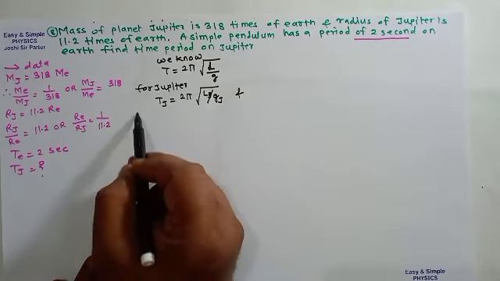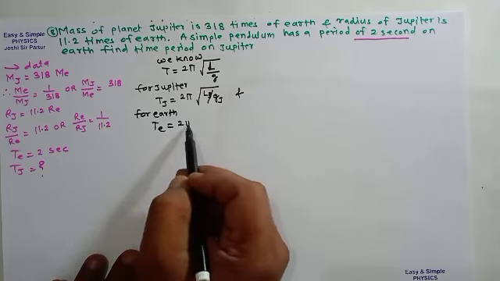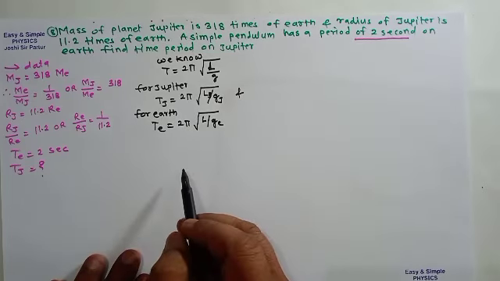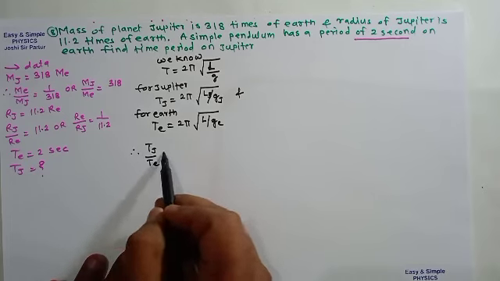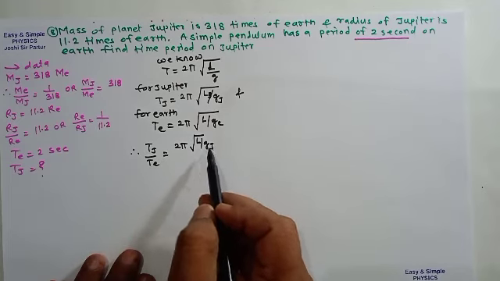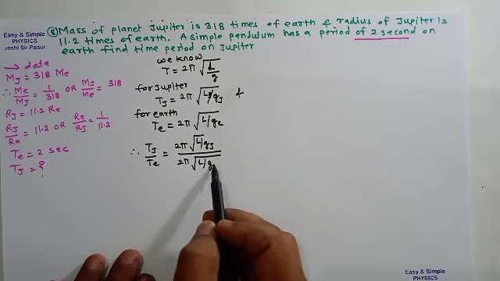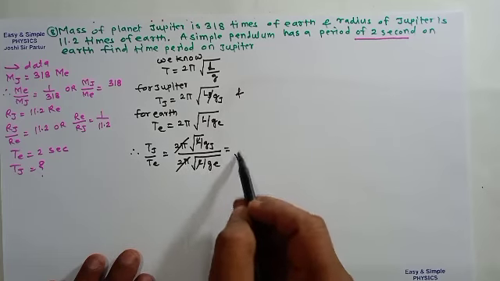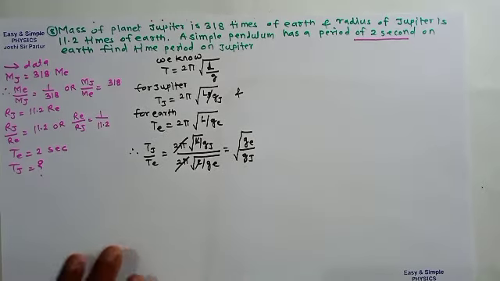And for Earth, T Earth is equal to 2 pi square root of L upon g Earth. If we divide Tj upon T Earth, it will be 2 pi square root of L upon g Jupiter upon 2 pi square root of L upon g Earth. 2 pi gets cancelled, L gets cancelled. It will be square root of g Earth upon g Jupiter.